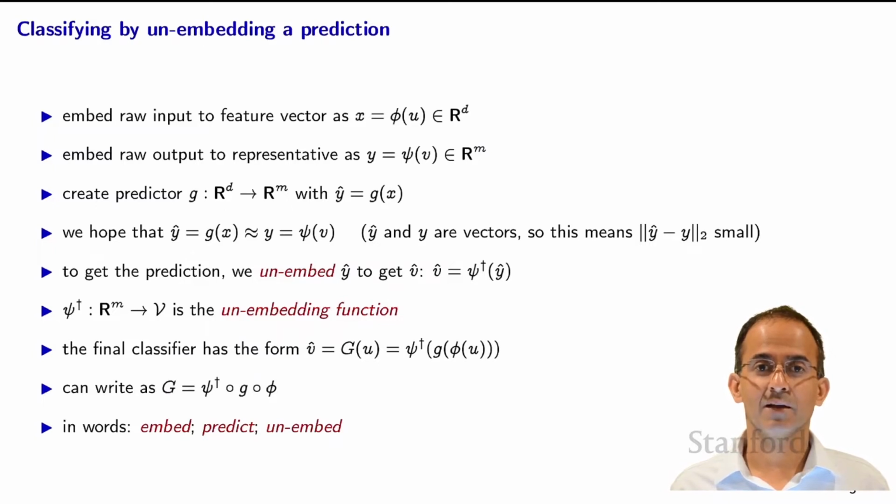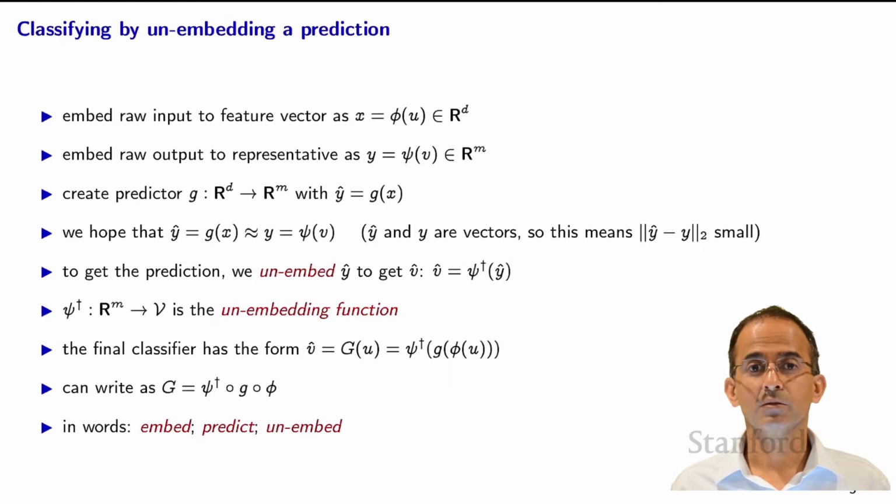We map it to psi of v, which is y, which lives in Rm. We've gone from n ui vi pairs to n xi yi pairs, and we use those to create a predictor g, which maps Rd to Rm. And for any x, it will give us a y hat, which lives in Rm.